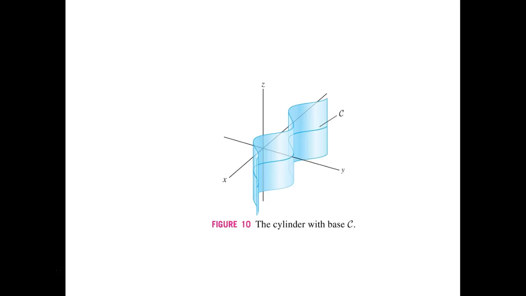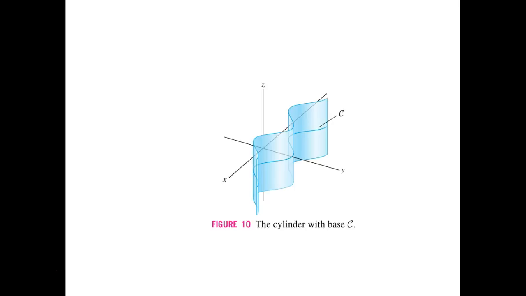Well, technically what a cylinder is, give me any curve in the world, any curve, and then extend that, say, infinitely on the z-axis, or if the curve is on the z-plane, extend that along the y-axis, or if it's on the y-z plane, extend that along the x-axis. That gives you a cylinder.